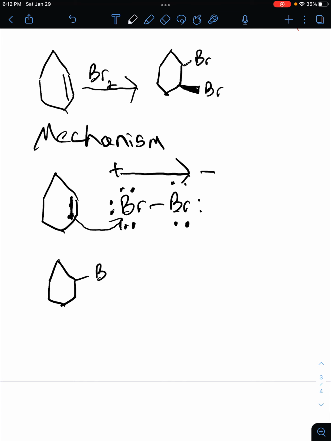Since this carbon here lost a bond, it's going to have a positive charge, not a slightly positive charge. It's going to have a positive charge. And this bromine has this other pair of electrons.